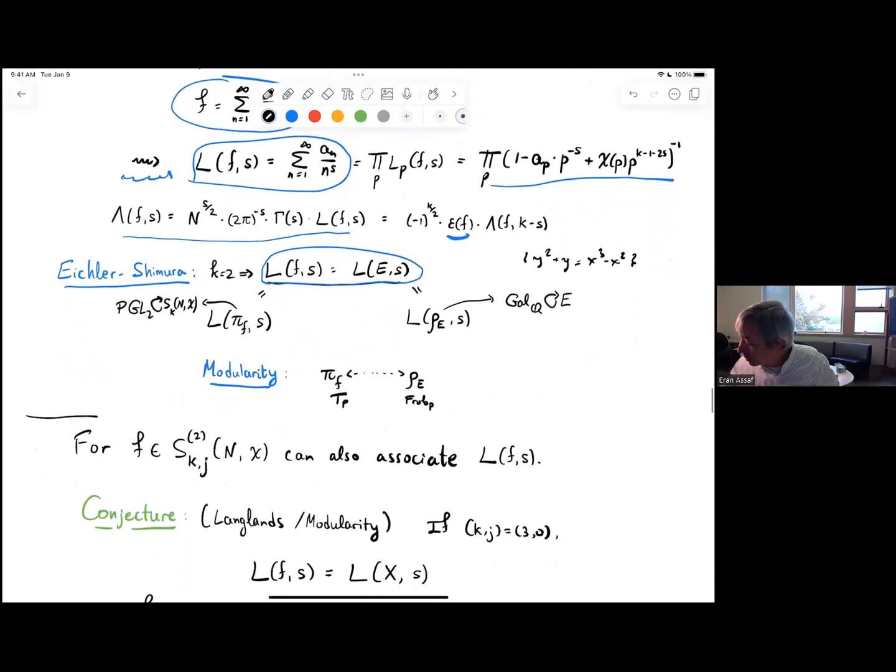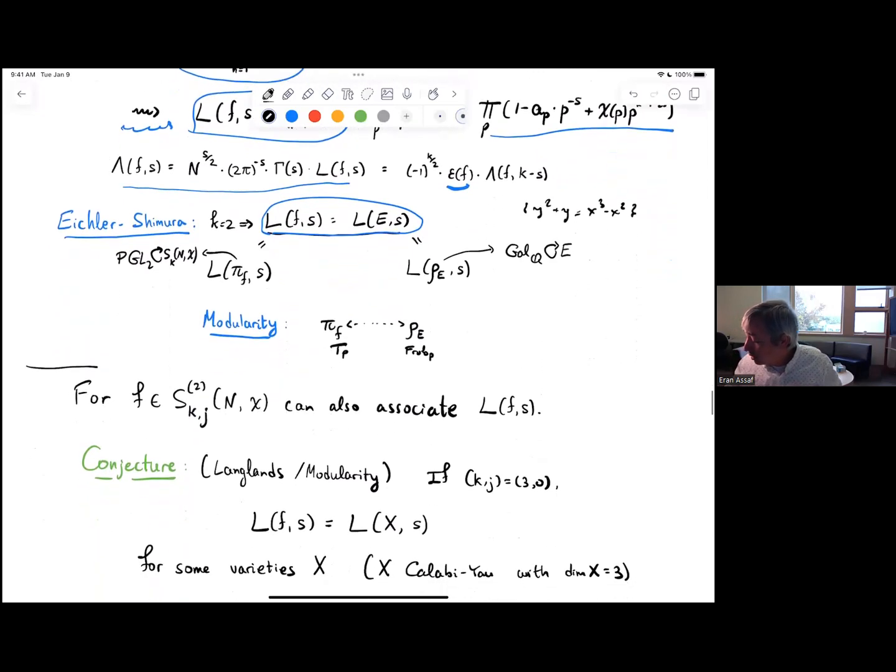And we conjecture that, for example, if the relevant weight for the Siegel modular form is (3,0), then this L function comes from certain geometric objects, in this case Calabi-Yau threefolds.